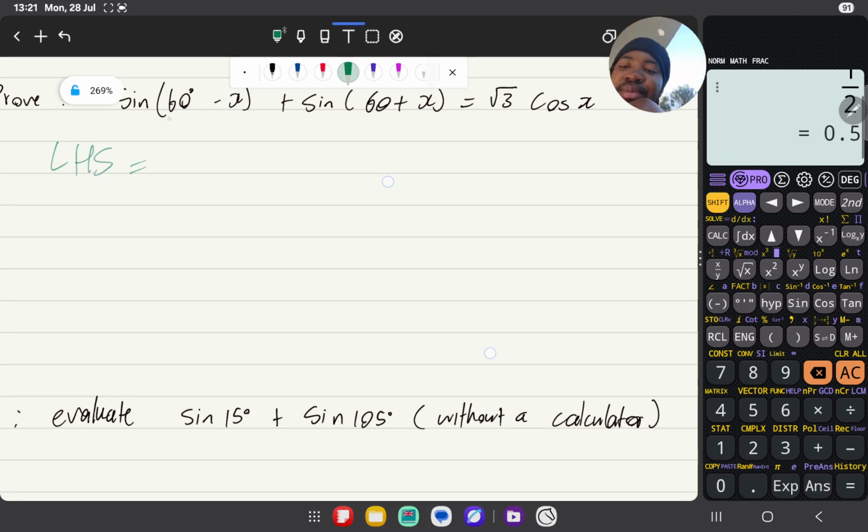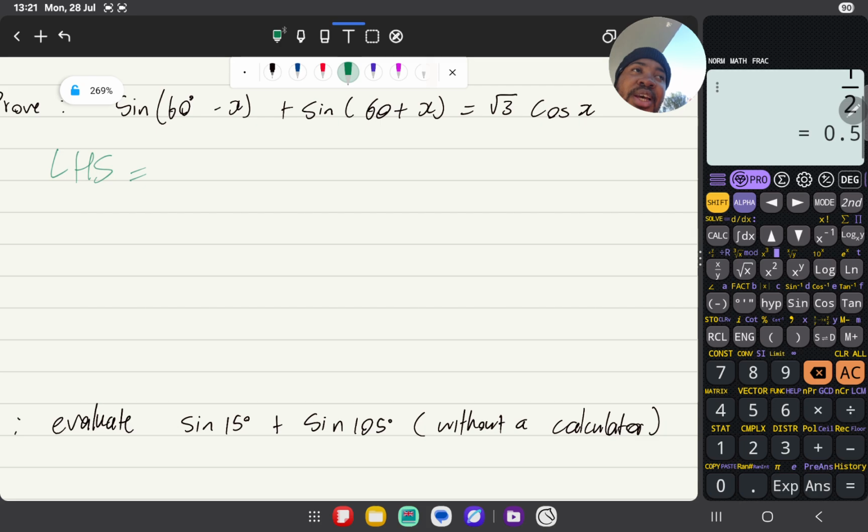Left hand side: for sine, it's sine cos cos sine, so it's going to be sine 60 cos x, then we have a minus, therefore a plus, and then cos 60 sine x.